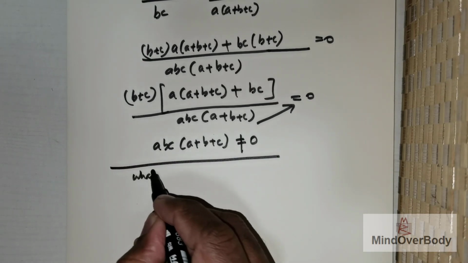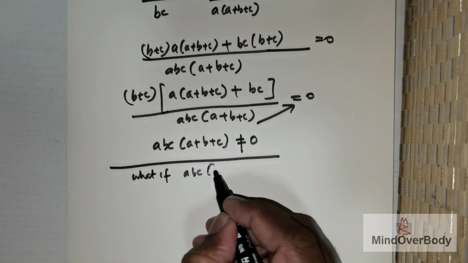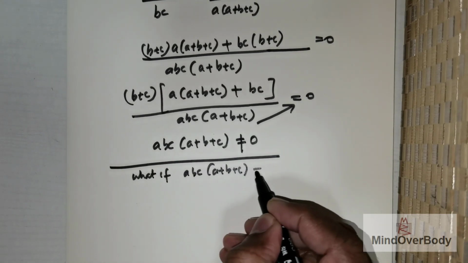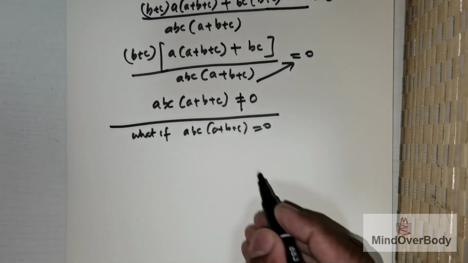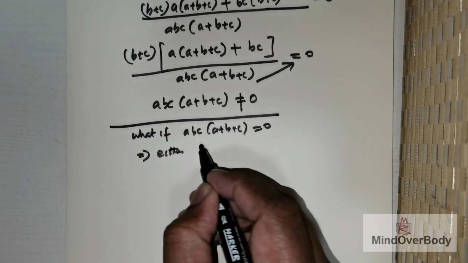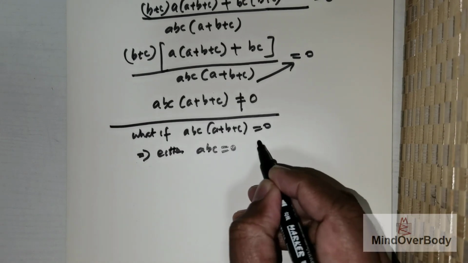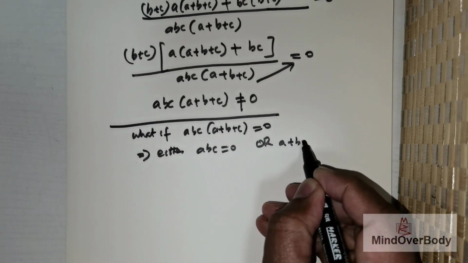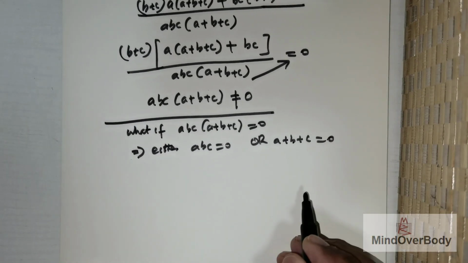What if abc(a + b + c) is equal to 0? Now if this is the scenario, then this would mean either abc = 0 or a + b + c = 0.